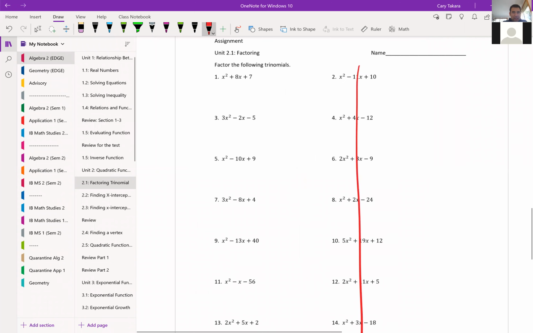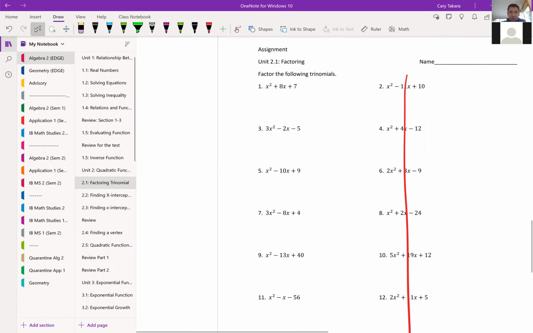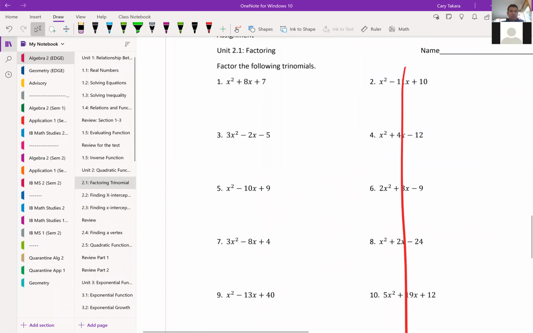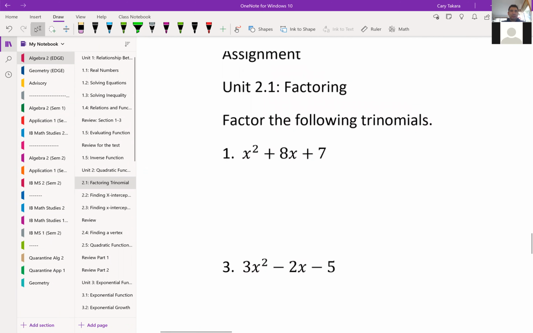And then we'll do the even numbers some other time, okay? So I want you to work on 7 problems. Let's do that, okay? So this is homework 2.1, okay? You guys all ready?